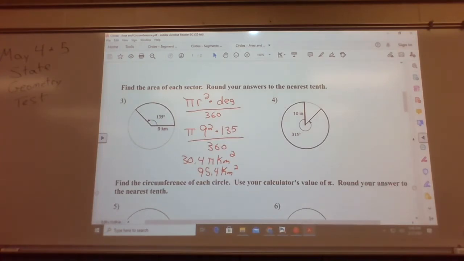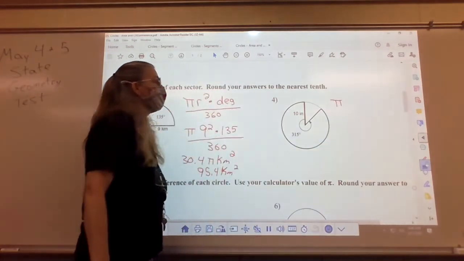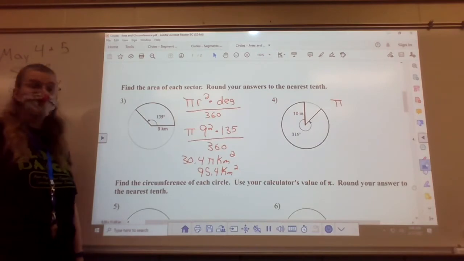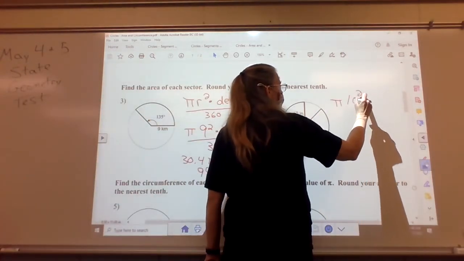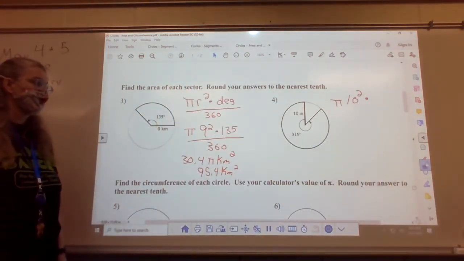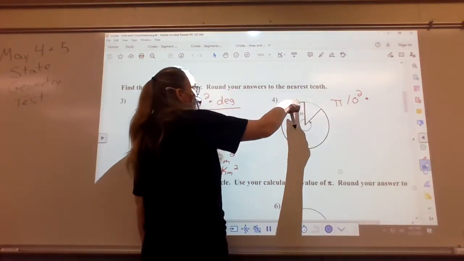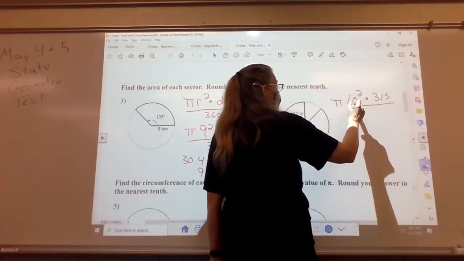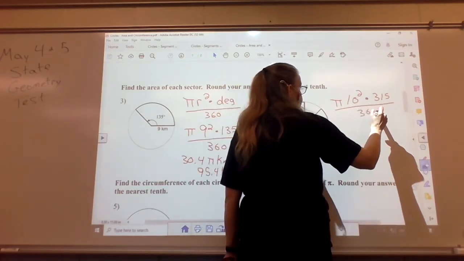So number 4, same thing. Pi, radius, what's the radius this time? Radius? 10. So 10 squared times the degree of the piece of pie, 315, so I want all of this piece of the pie, I want almost all of it. Just this tiny little piece chopped out. So 315 out of, how much is at the bottom? 360.